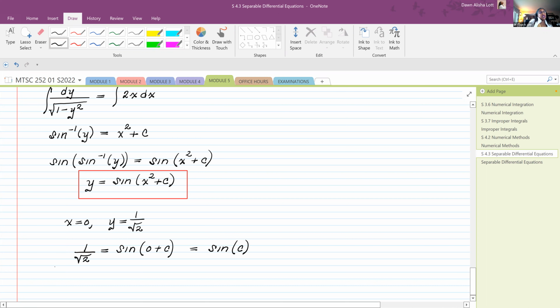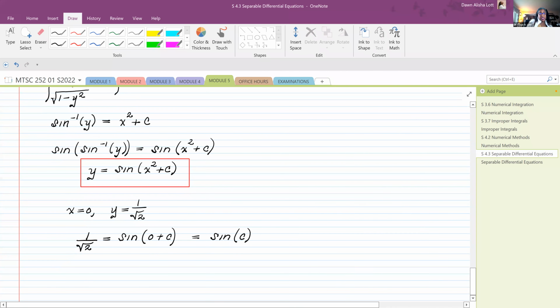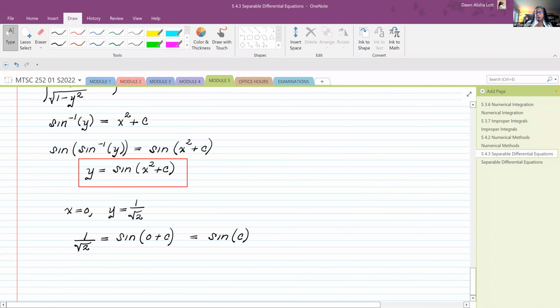Now that could be a whole lot of values, can't it? c could be pi over 4, c could be 3 pi over 4. So how do we know which one to choose?